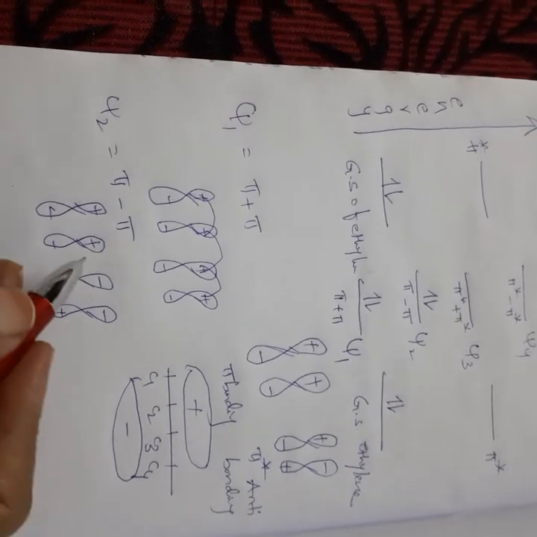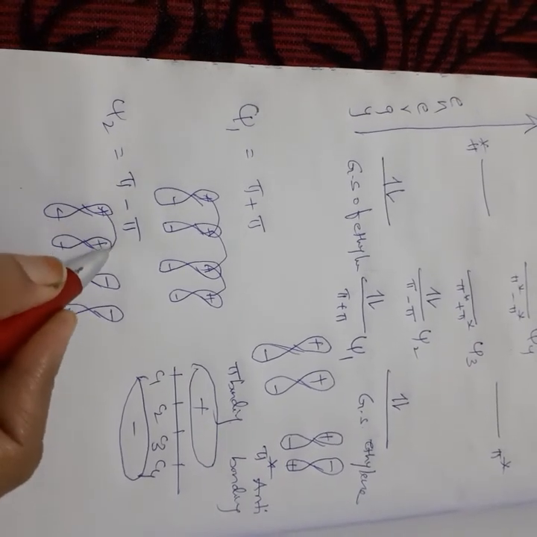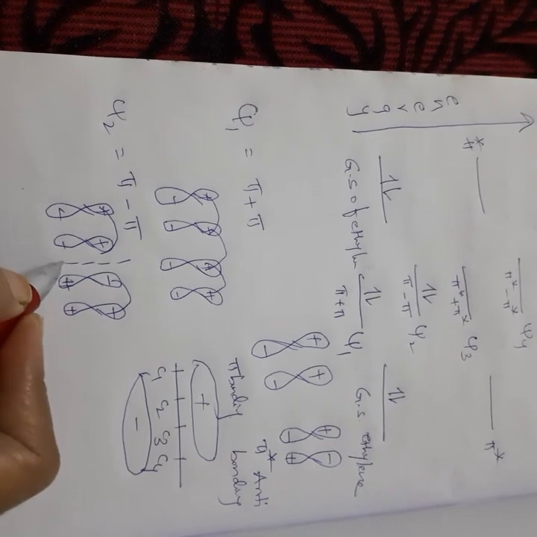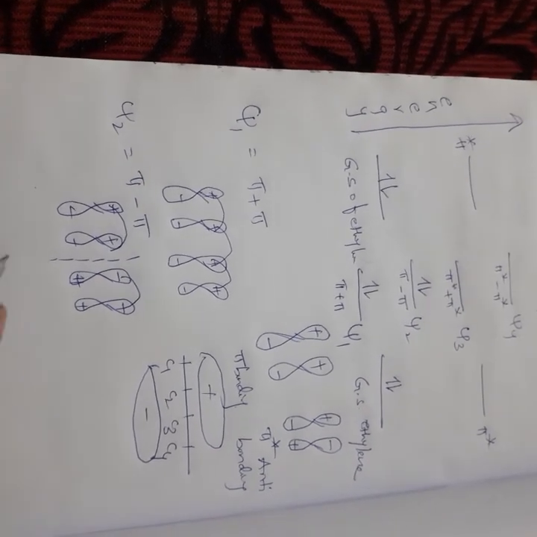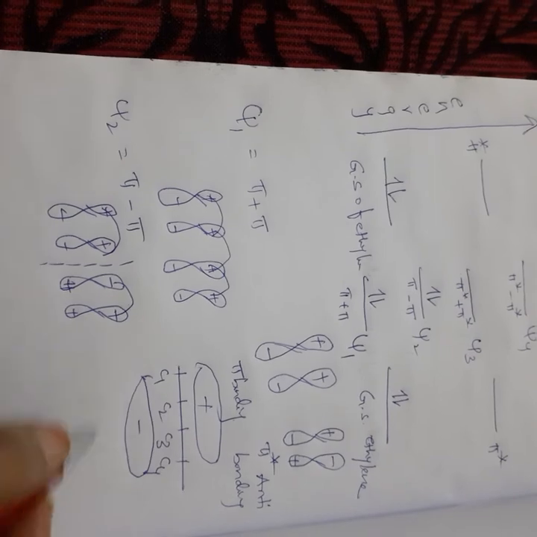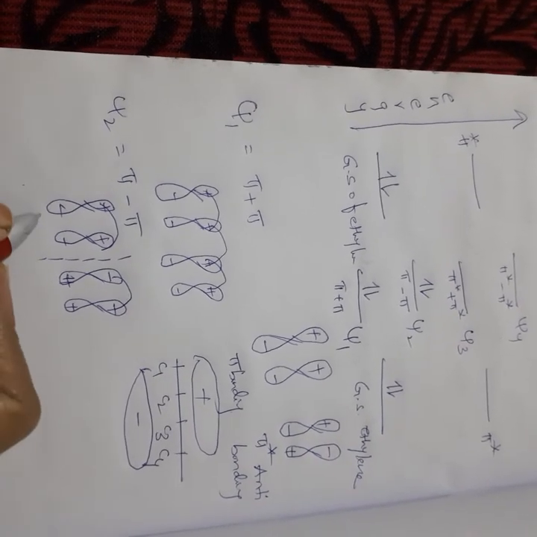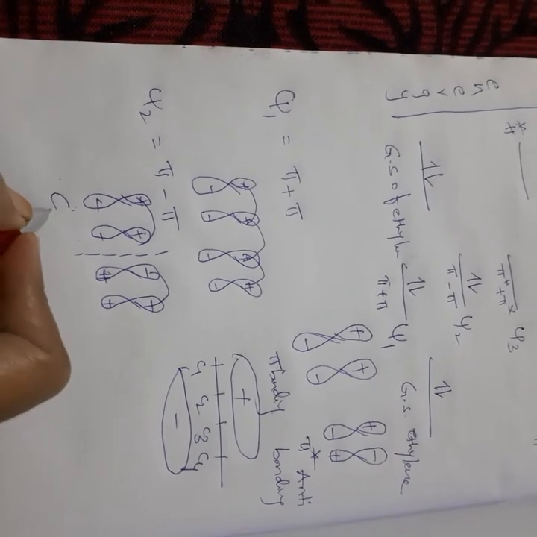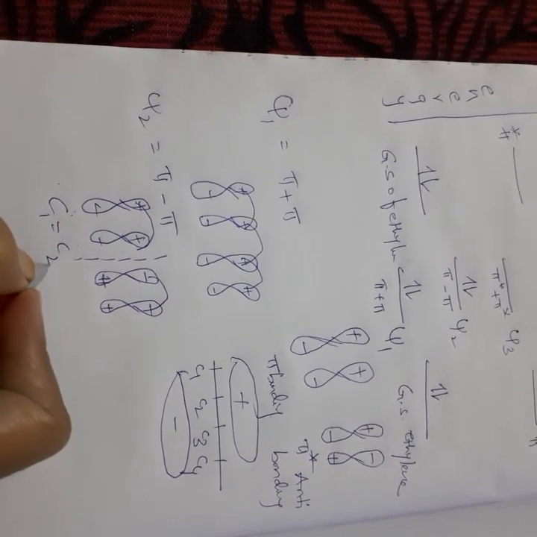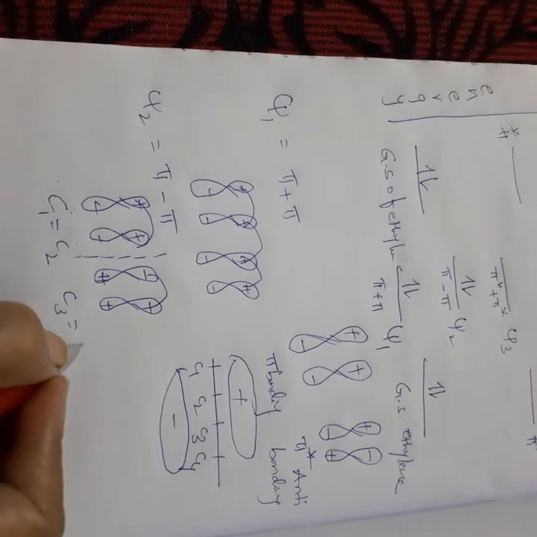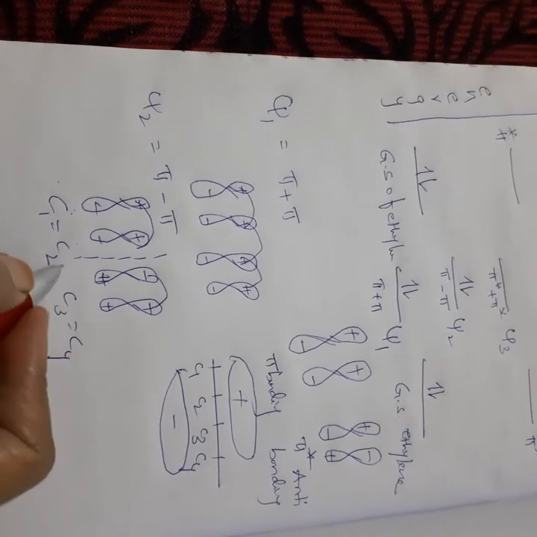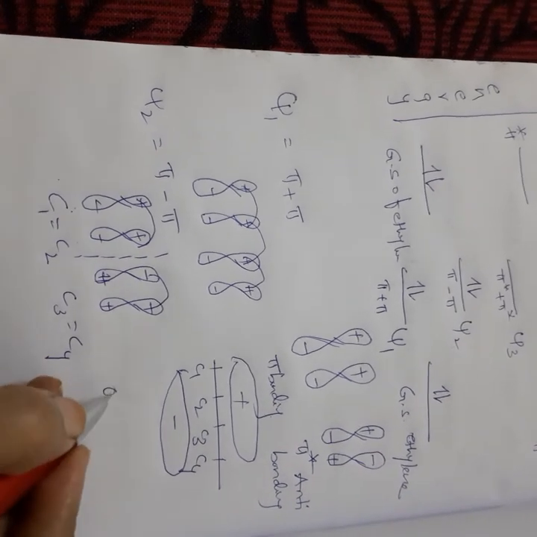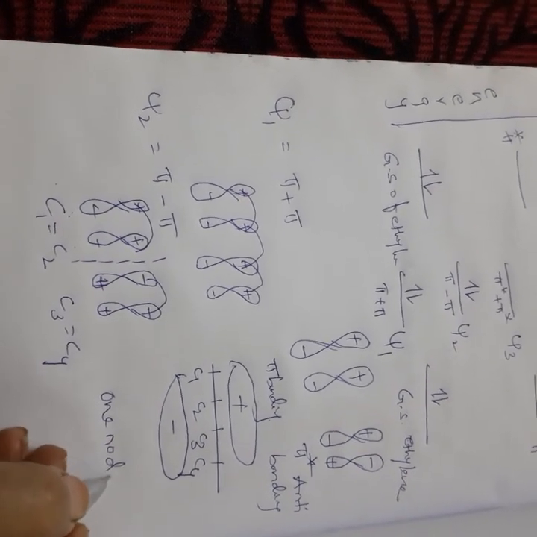We know the same charges will bind together. These two will bind together, and here there is no bond formed between these two. This representation tells you that there is a double bond between C1 and C2 and between C3 and C4, but between C2 and C3 there are no pi electrons. That is one nodal plane.